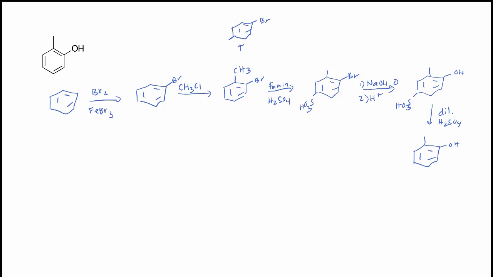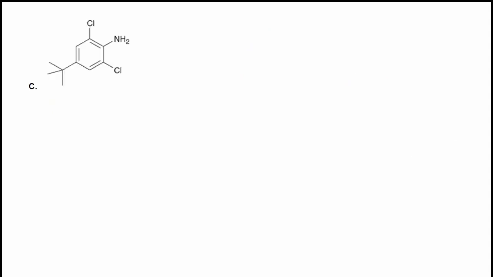This was just a made-up one. All right, so this one has 4 different things on it. We have an NH2 and a tert butyl group. And then 2 chlorines.